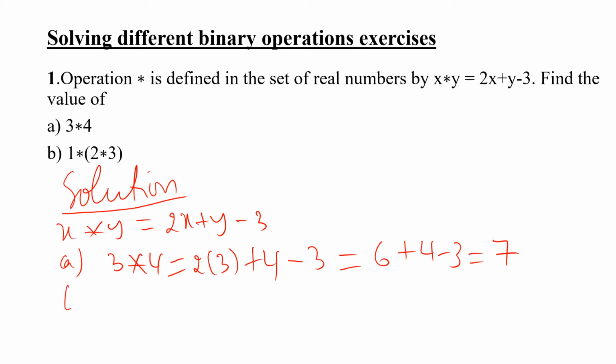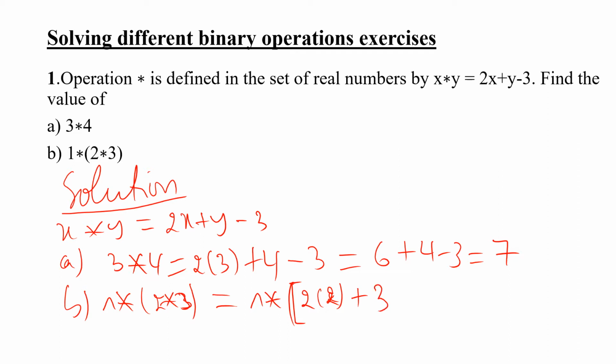B, 1 star (2 star 3). First we have to expand those brackets: 2 star 3 is equal to, we replace x by 2 and we replace y by 3, is 2 times 2 plus y, which is 3, minus 3.